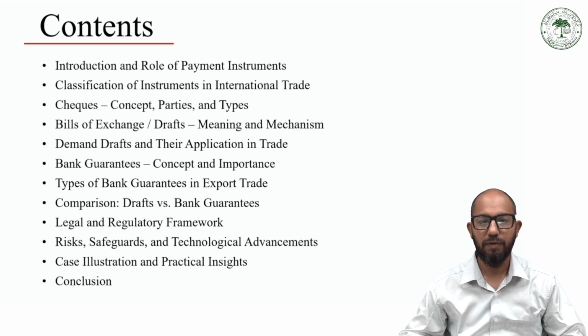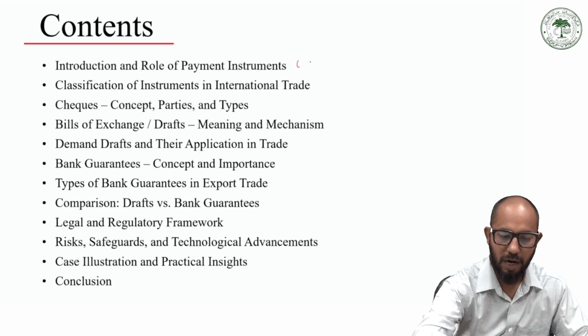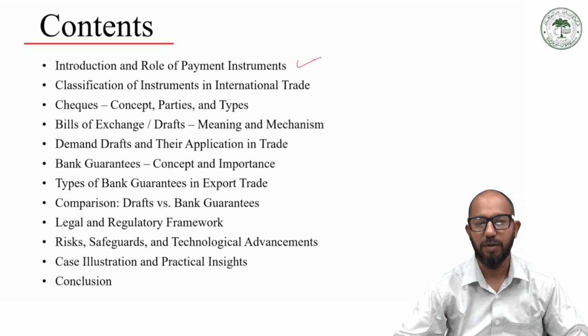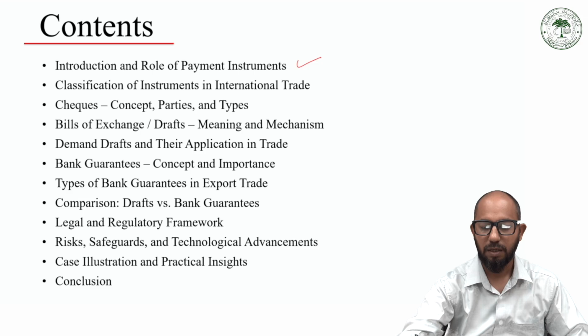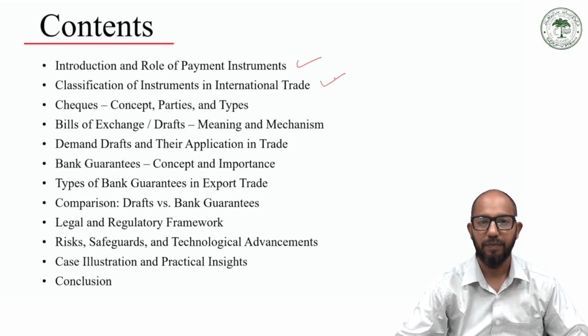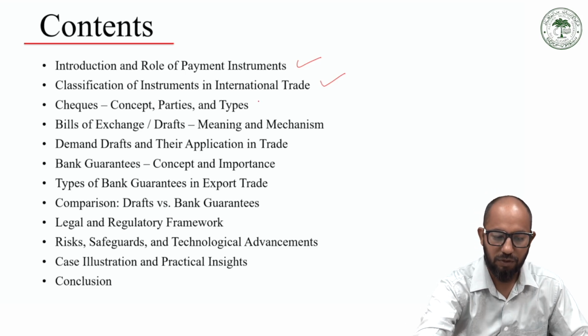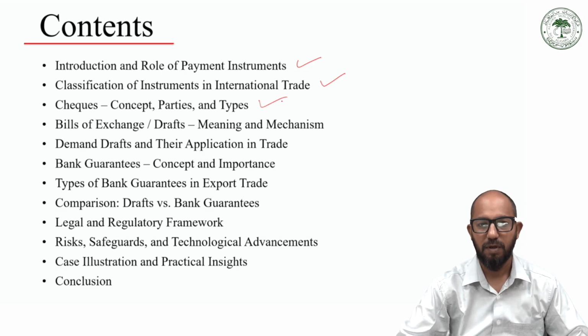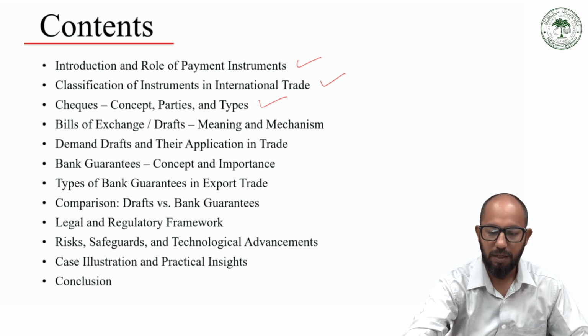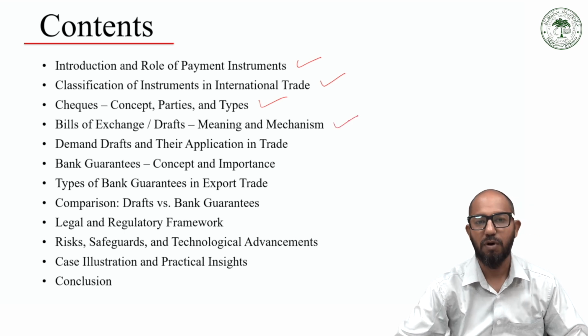First of all, we will go through the contents of today's lecture. We will start with introduction and role of payment instruments, followed by classification of instruments in international trade. After that, we will be discussing the checks, its concept, parties involved, and types, followed by bills of exchange or drafts, its meaning and mechanism.